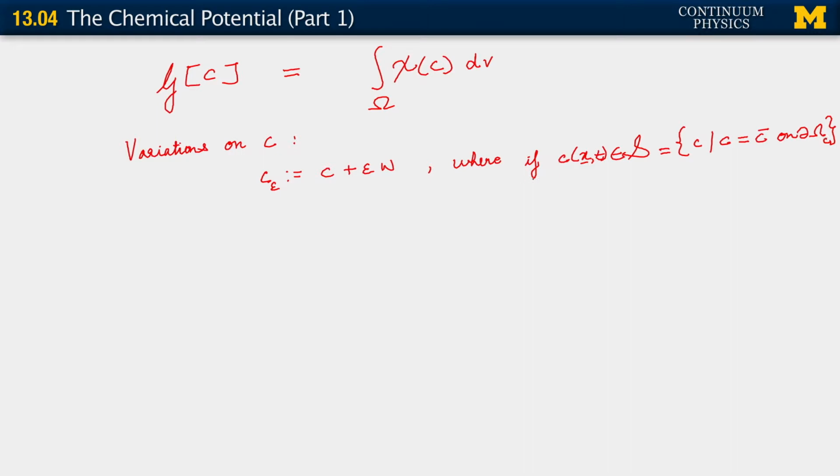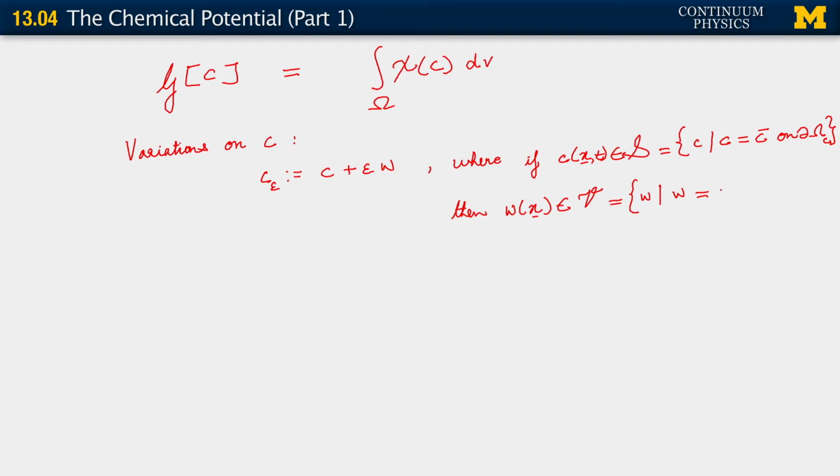So, if C belongs to the space S, then our variation W, a function of position, belongs to some other space that we are going to denote V, in complete analogy with the way we did things for nonlinear elasticity. V consists of functions W which are now going to satisfy, can you recall, by analogy with our nonlinear elasticity problem, what kind of conditions we are going to require of W?